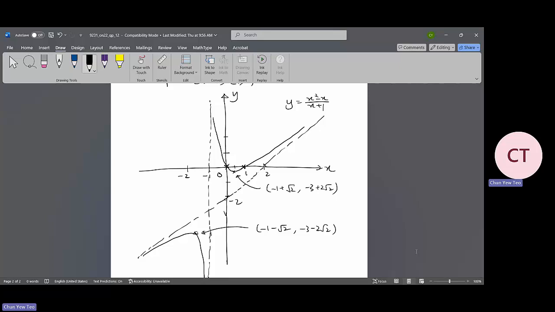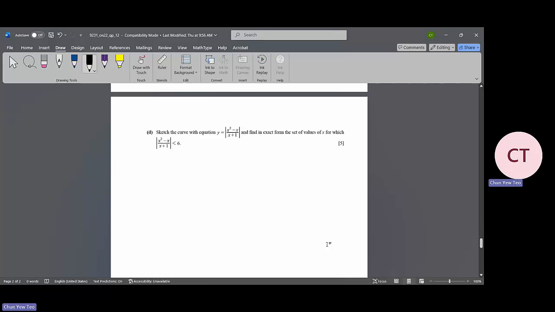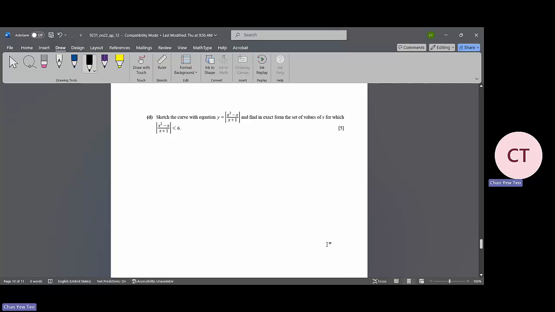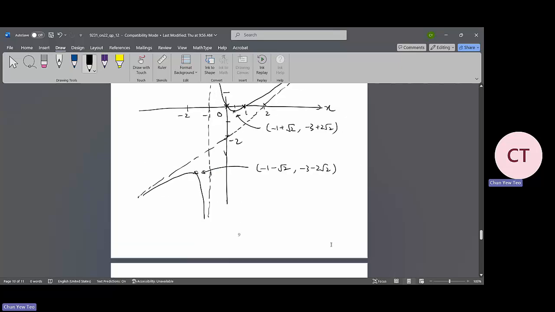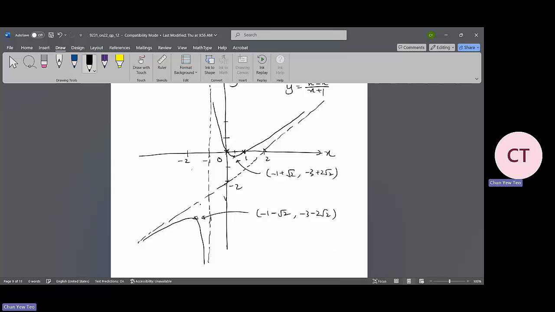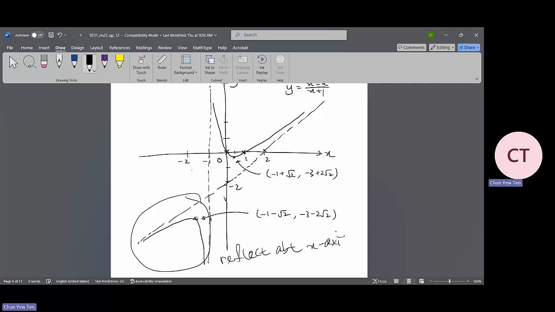So now we move on. We want to go for part D. Part D is to put the modulus. If we put the modulus, then this one will be reflected about the x-axis. So you can imagine, if you reflect about the x-axis, what will happen to the graph?